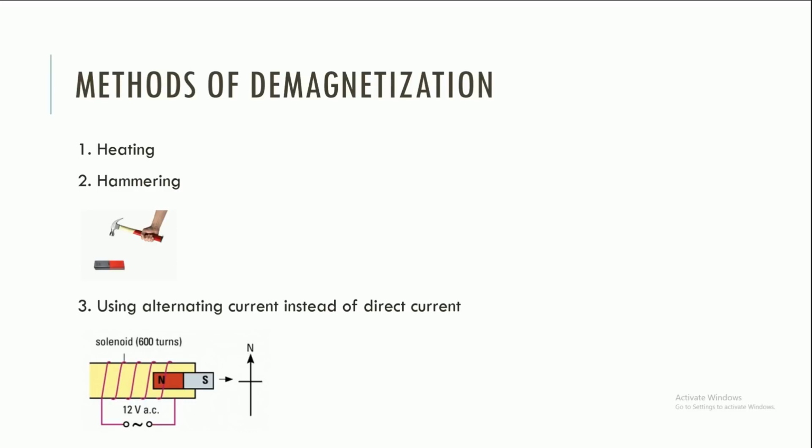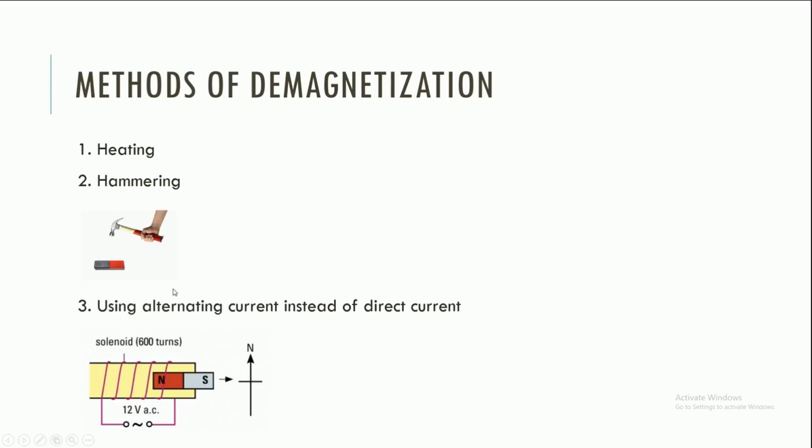Okay, so if the domains are well aligned, then it's basically a magnet. If the domains are all random, then it's not a magnet, essentially. So heating it and hammering it, physical impact, all those things will misalign the domain particles inside the magnet and therefore demagnetize it.